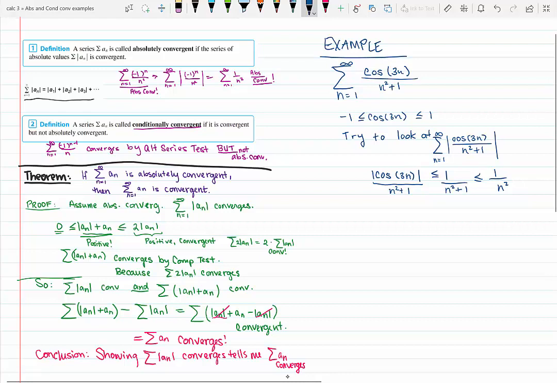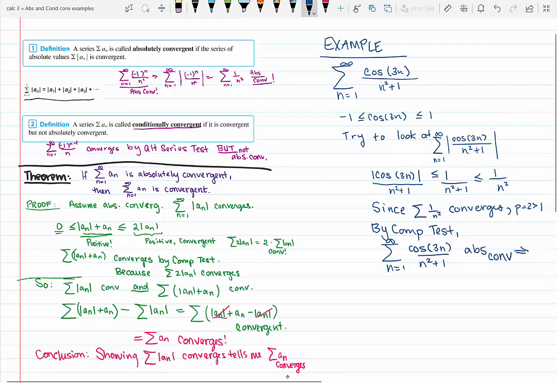Because the absolute value made this a positive series, I'm able to use a positive series theorem, namely the comparison test. Since the sum of 1 over n squared converges, since p equals 2 is greater than 1, by the comparison test my series is absolutely convergent, and therefore it's convergent.